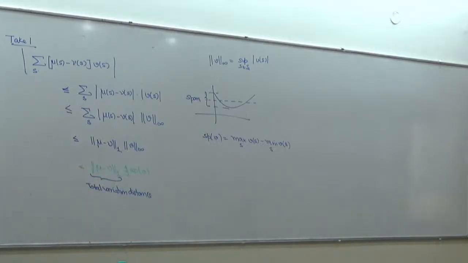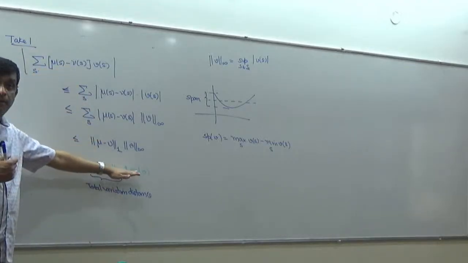All right. So, this is one thing that I can use to say that the distance between expectations with respect to two measures is bounded by the total variation distance times the span norm. Okay.